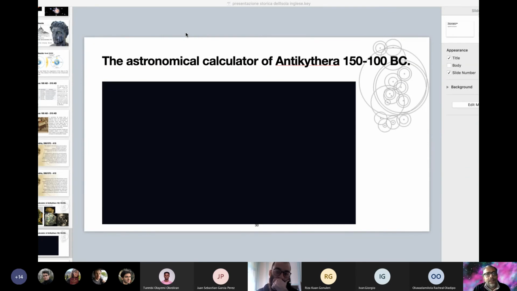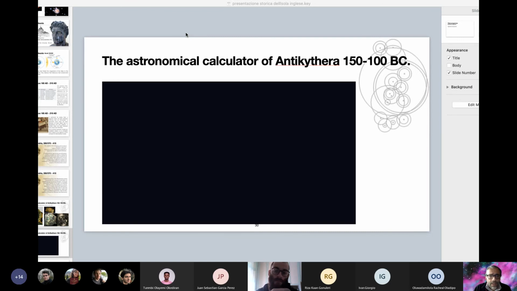Knowledge is not accumulated and stored forever. You have declines. Before you could build again a mechanism like the Antikythera mechanism, we needed to wait for the French Revolution. So we had a long decline and a very slow recovery of knowledge.